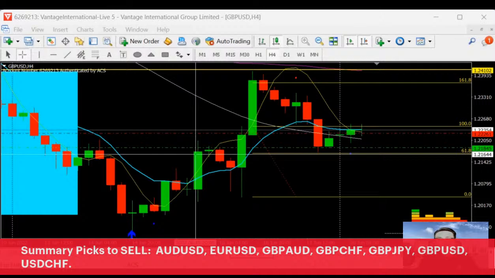That means a move is coming. Currently it is showing magenta on the Better Volume. It does not mean up or down. It just means a move is coming.